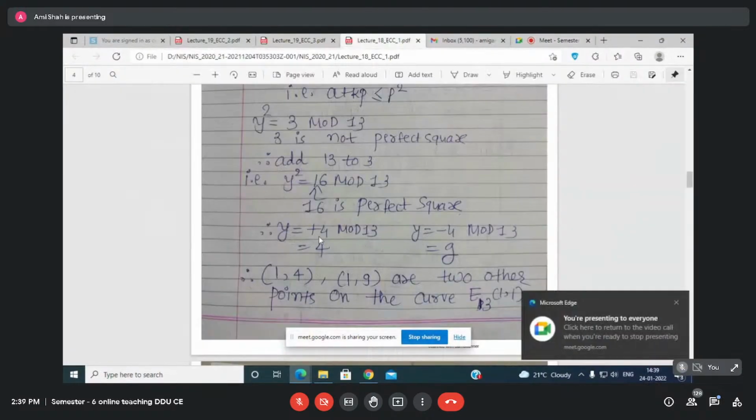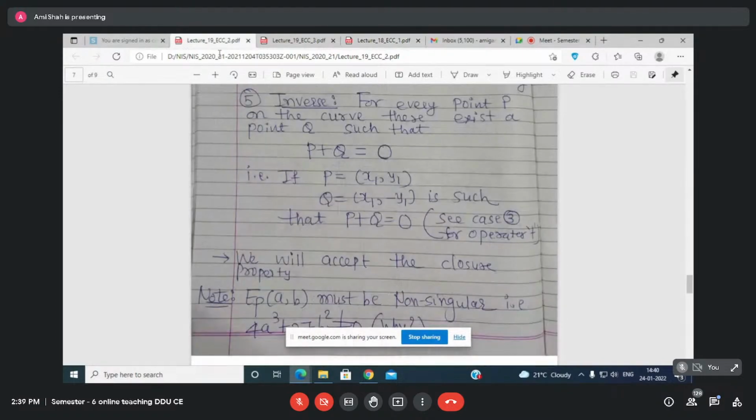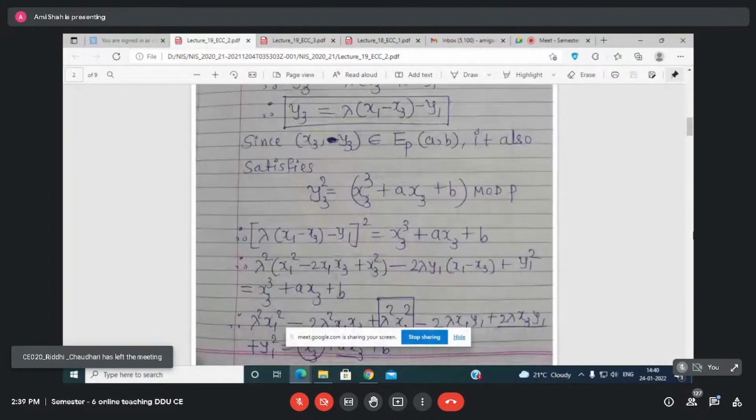Okay, so in the last lecture, you studied how to find the points on a curve, right? Now today I will explain the operations on this.